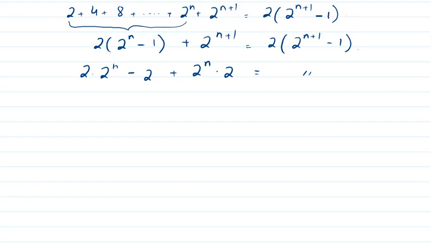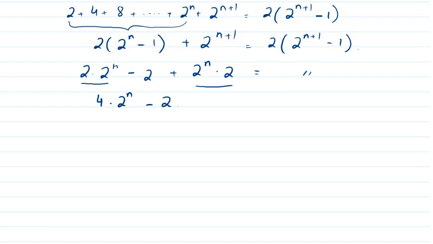Now you can see here that this is 2 times 2 power n, this is also 2 times 2 power n. The same terms are adding here, right? So after adding these two terms, I'm going to get 4 times 2 power n minus 2.